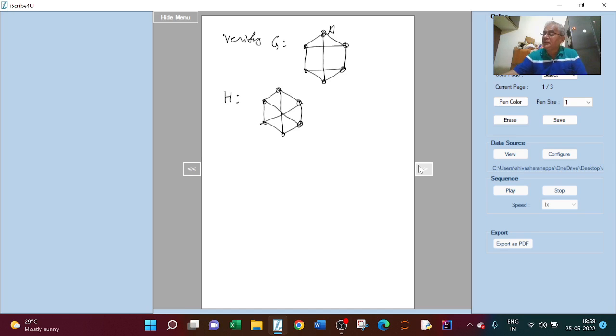I will label this as A, B, C, D, E, F. Here I will take 1, 2, 3, 4, 5, 6. These are the 2 graphs.